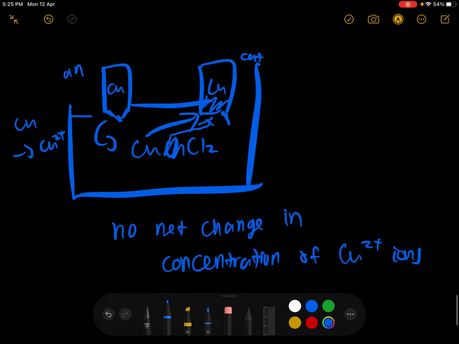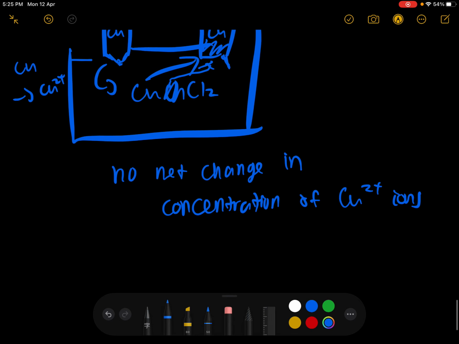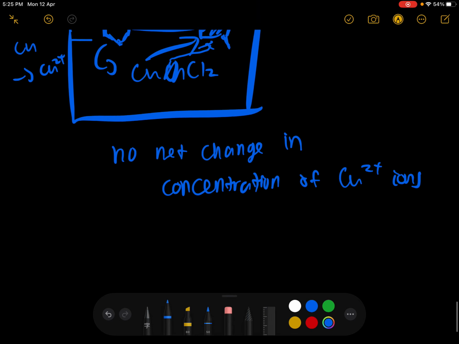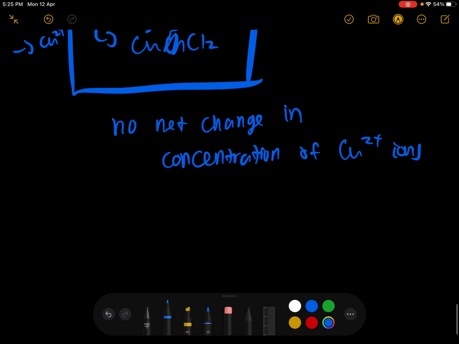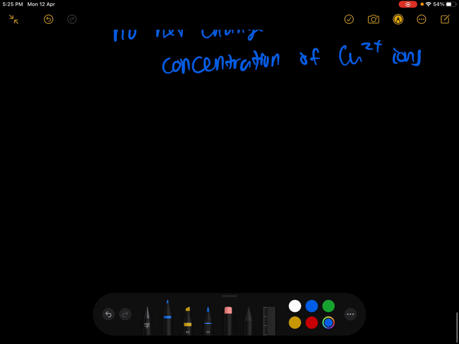If only copper 2 ions are being reduced, it will become paler. But if there is a copper anode and copper is being reduced, there is no net change. So you have to be careful when answering this.